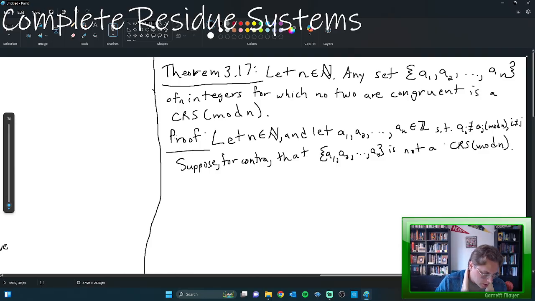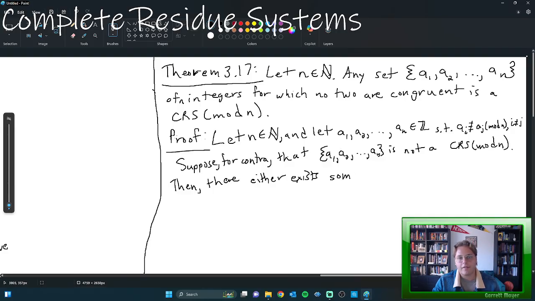Okay. Then there either exists some integers. I guess so basically now we have this set.